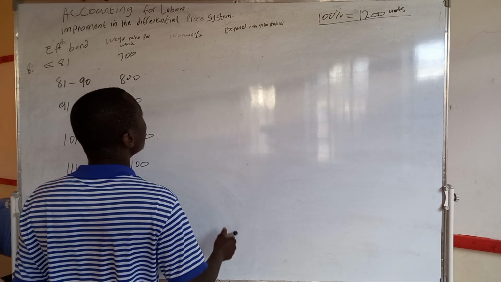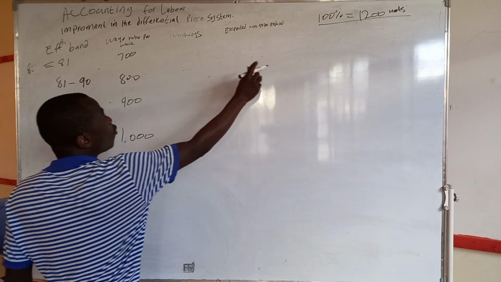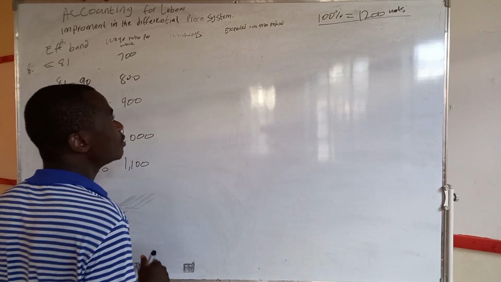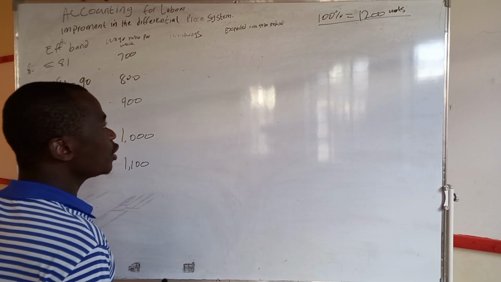So 1,200 represents 100%. What about 80%?